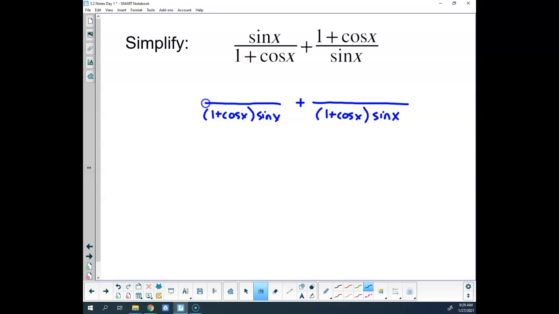Gotta have a common denominator, correct? Okay. What's missing from the first one? What's missing? Sine of x. What's missing from the second one?